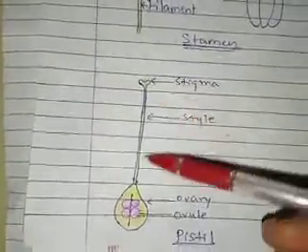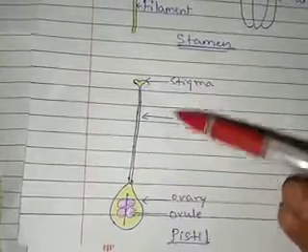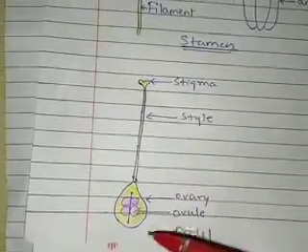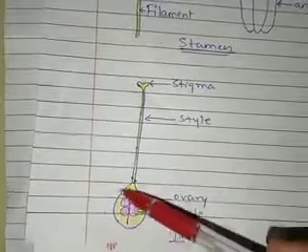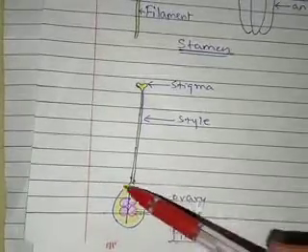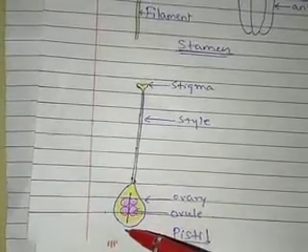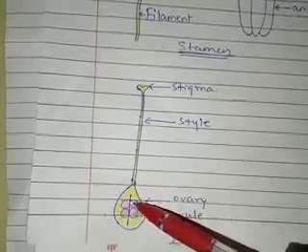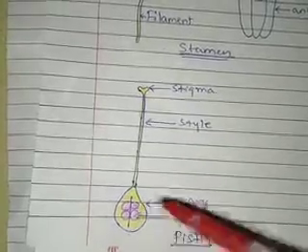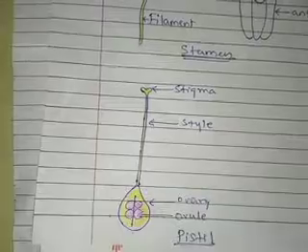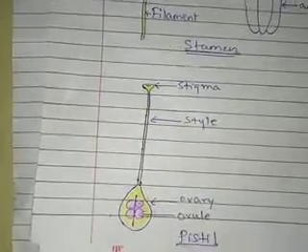Then we have the style, which joins the stigma to the ovary, right? The swollen basal portion of the pistil is called the ovary. When you go inside the ovary, you observe that there are many locules or chambers present in the ovary.